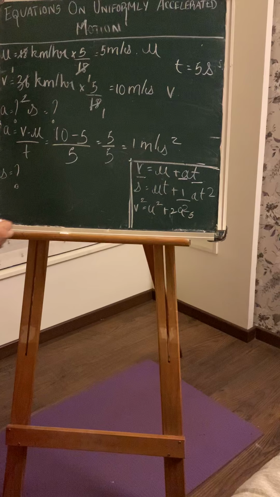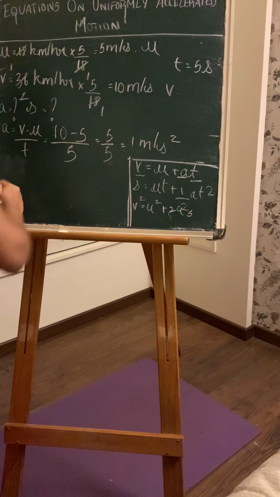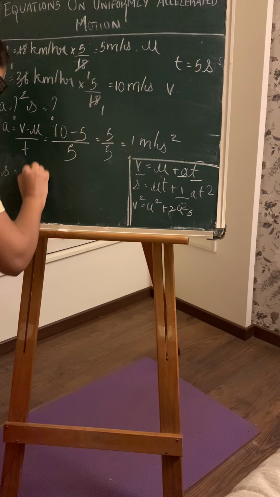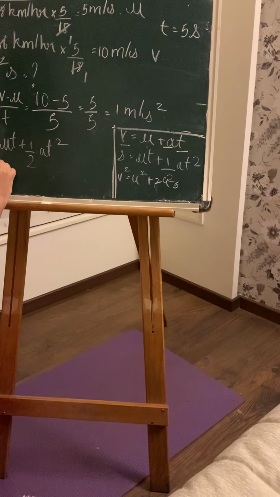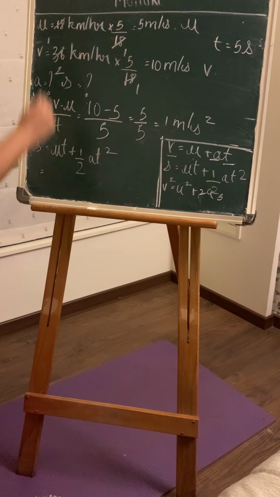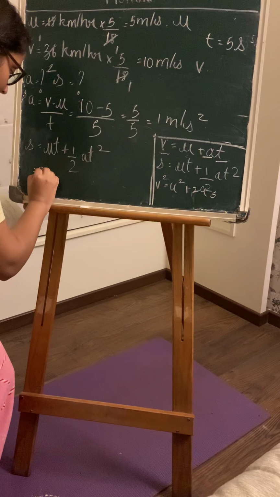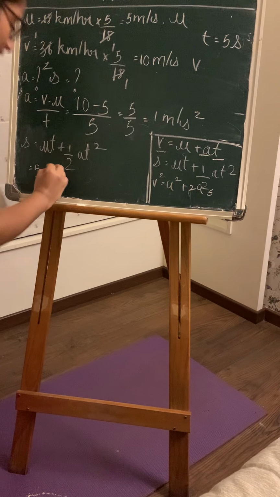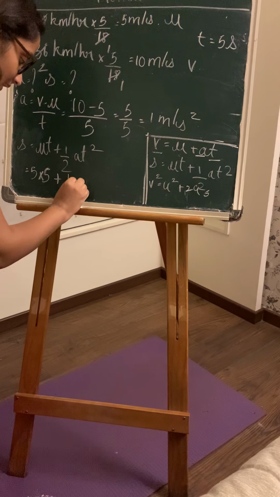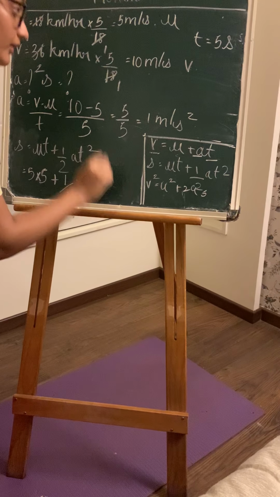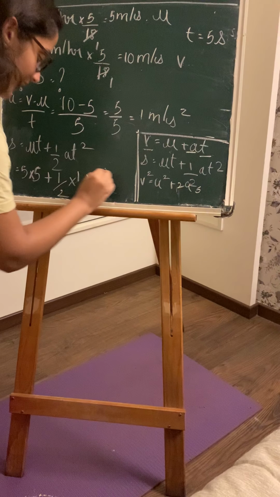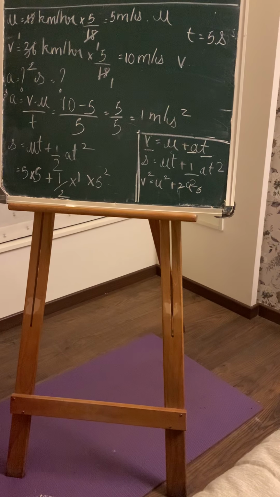So let's use the second formula because that's the most direct one. S is equal to ut plus half at square. U, what's our u? 5 into 5 seconds plus half into 1 into 5 square. Okay, wait, let me just erase it.